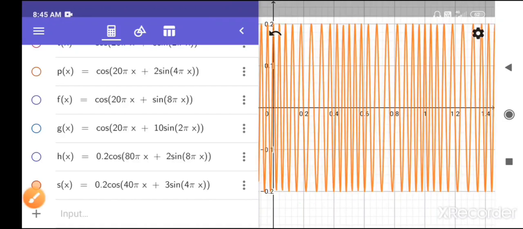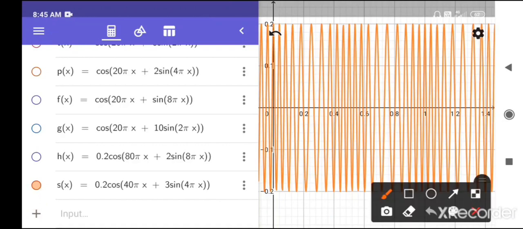So here also we can observe the low frequency as well as the high frequency range. Here we again take fc as 10 times fm.